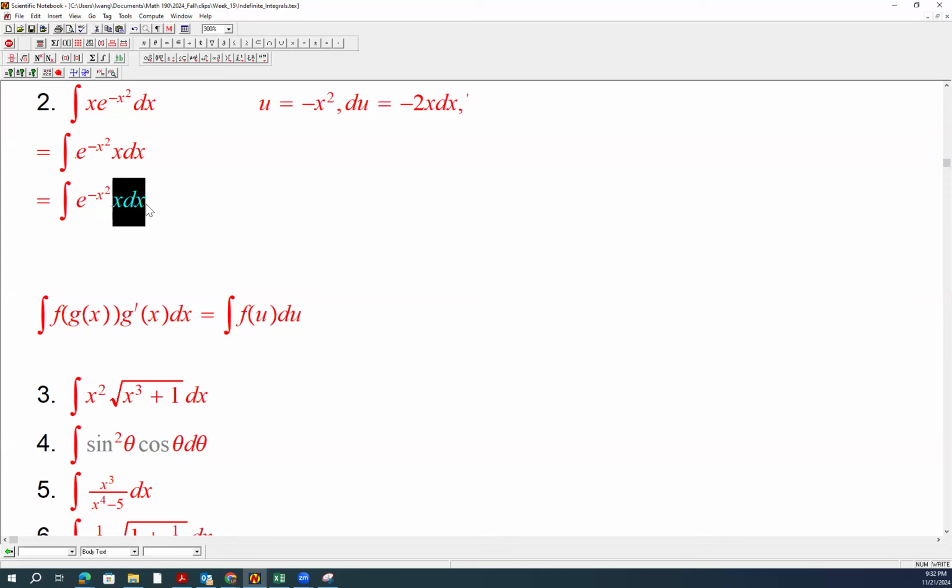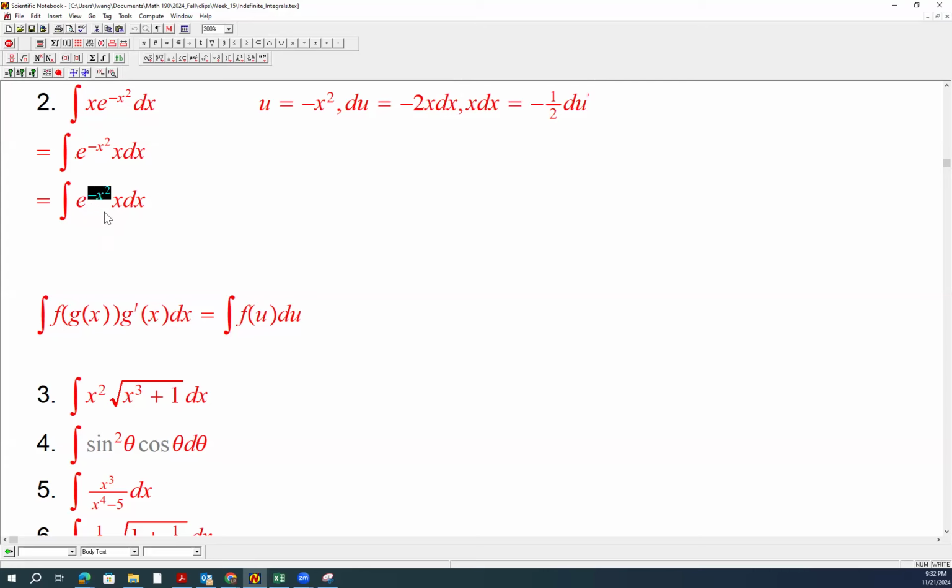And the next part will also need to be substituted. So that's why sometimes we will show the reader that x times dx equals negative 1/2 du, by dividing both sides by negative 2. So you can see the substitution on the dx part and the substitution on the function part.